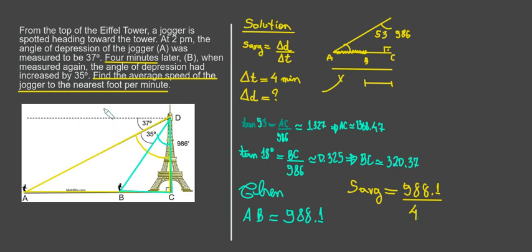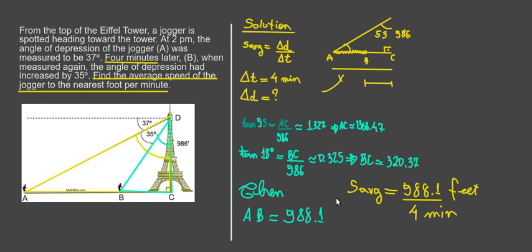The result needs to be delivered in feet per minute. As this is in feet and this is in minutes, simply by doing this division, our result will be in feet per minute.